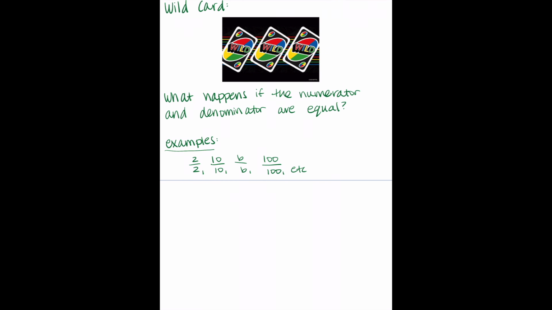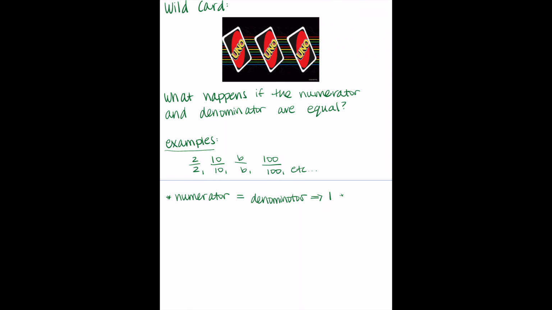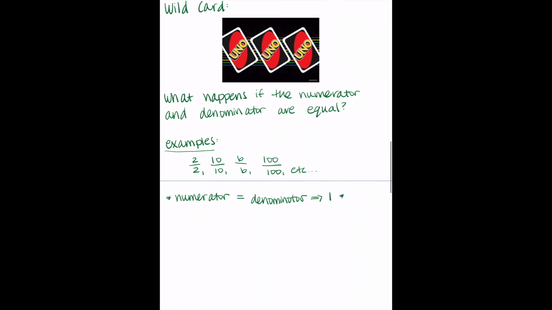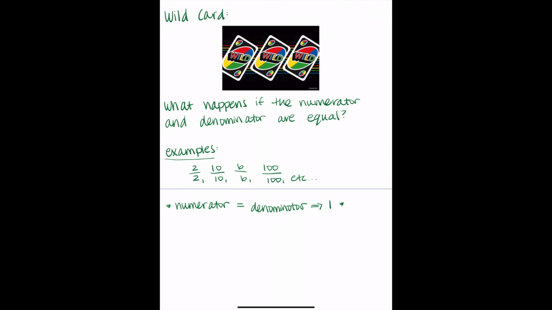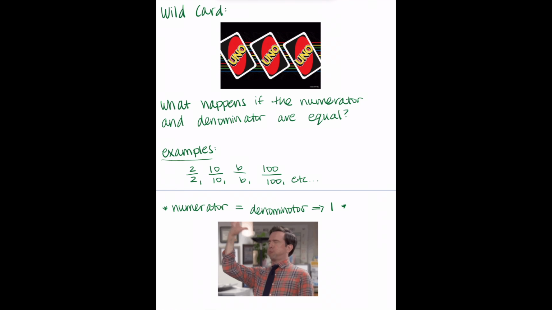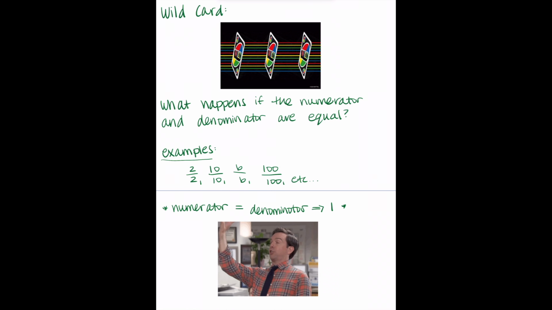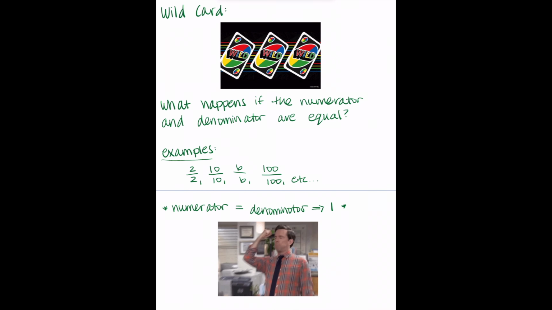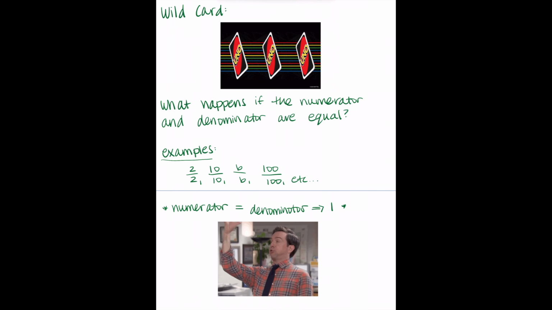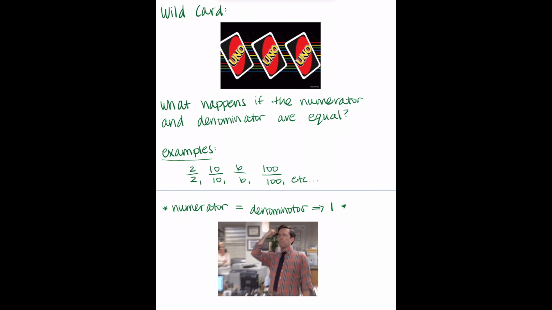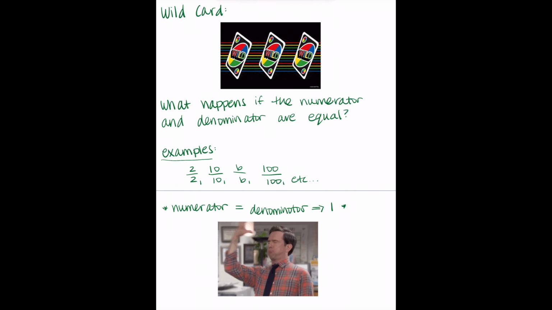All of these are the same category of our wild cards. And when our numerator equals our denominator, that fraction actually just reduces to 1. So this is a new rule. Hopefully I'm blowing a few of your minds, because they look scarier than they are. All it is is just 1 when the numerator and the denominator are equal.